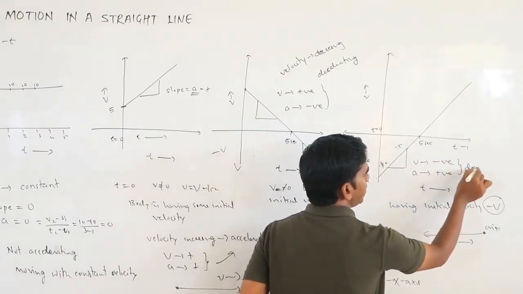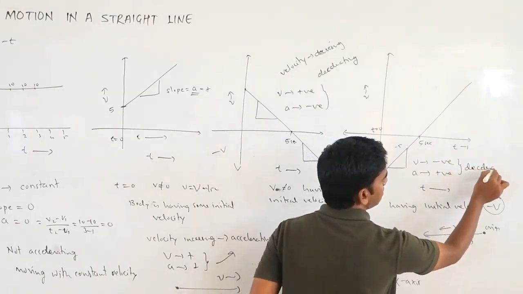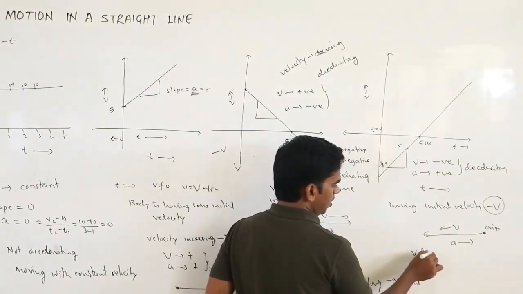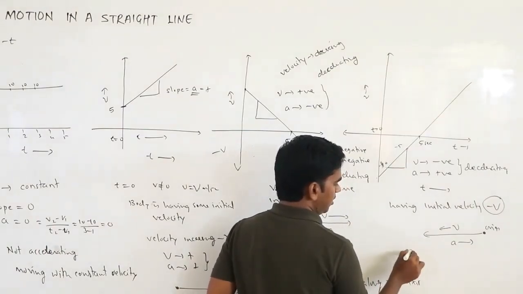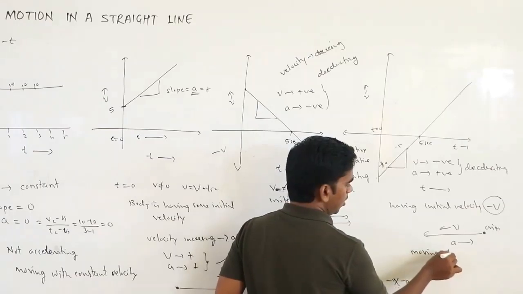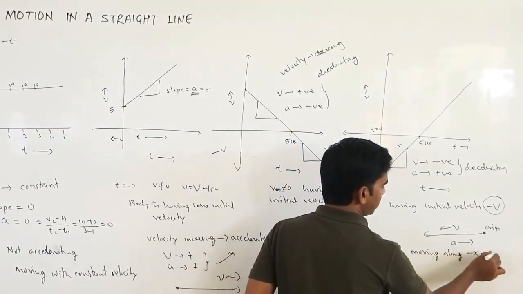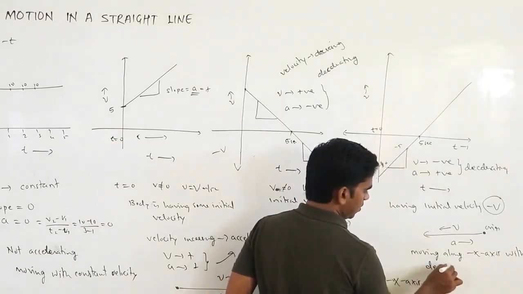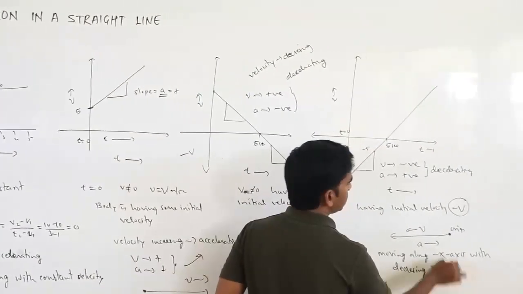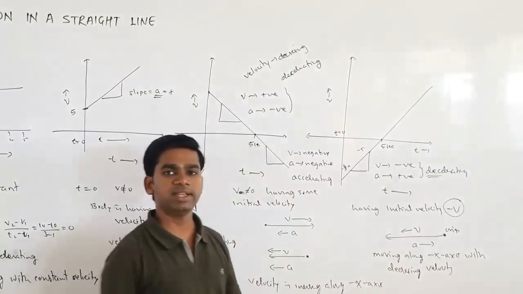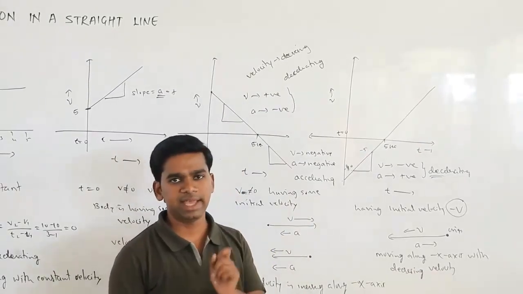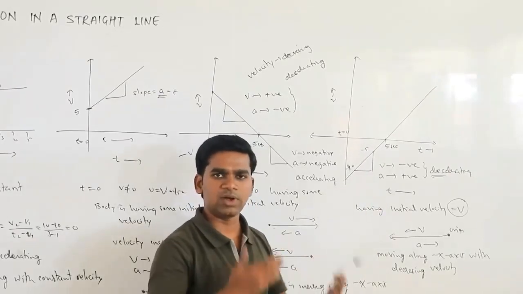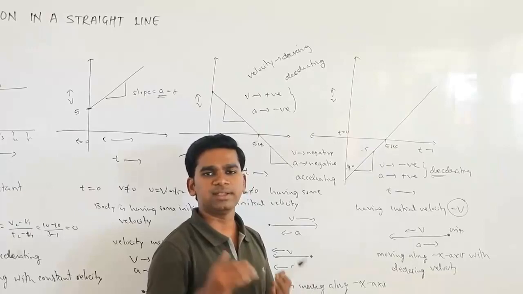Or you can say the body is moving along the negative x-axis with decreasing velocity. Velocity is decreasing, but it is moving in the negative x direction only. I hope you are getting this. Try to analyze properly, draw it on a page, take different graphs, you'll understand.